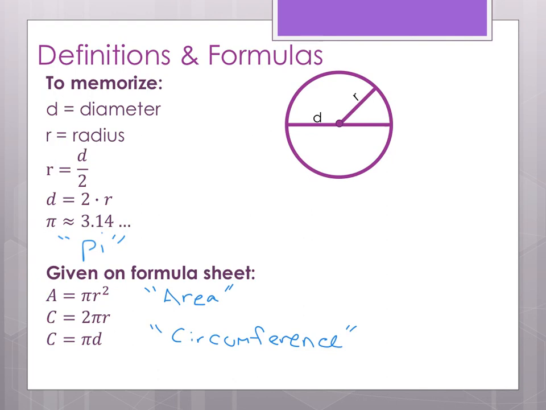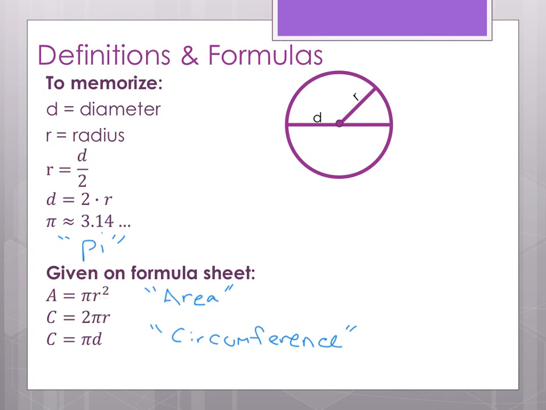And that's going to be the distance around the outside of a circle. So think of it as maybe like the perimeter of a circle, although we don't call it perimeter when we're dealing with circles. We call it circumference because it's round. Okay, so the formula for area equals that constant pi times the radius squared.